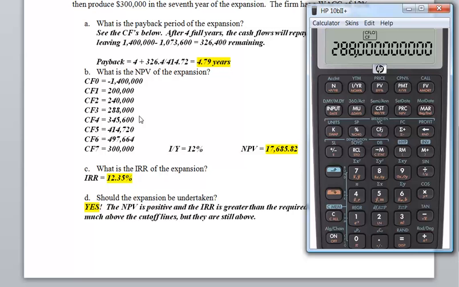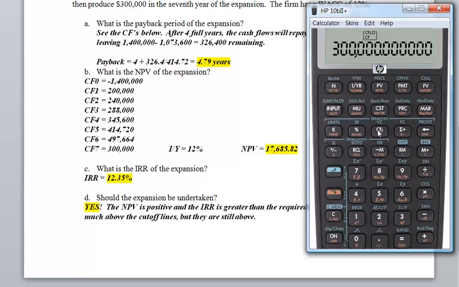I have no idea why I picked such a long problem, but I did. 345,600 CFJ, 414,720, which was cash flow 5, CFJ, 497,664, cash flow 6, and finally 300,000 for cash flow 7, CFJ.